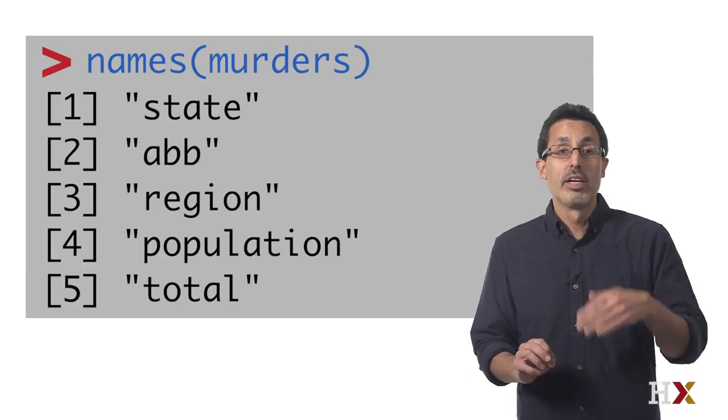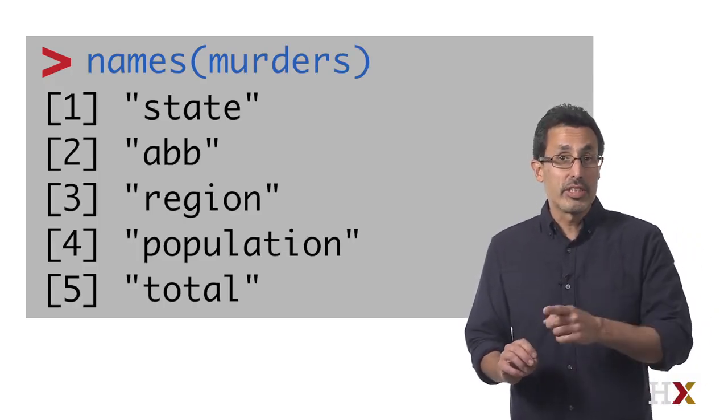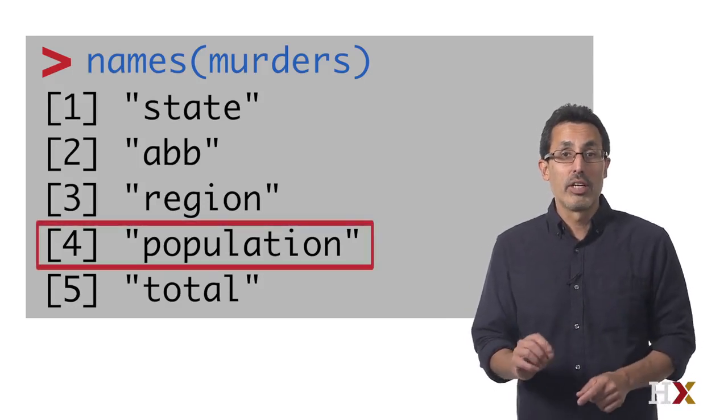But how did we know to use the character population? Above, when we used str to reveal the structure of the object, we saw the names of the columns. We can also get the names of the columns using the names function. names(murders) tells us the 5 names of the 5 columns. So we can see population is one of those names.